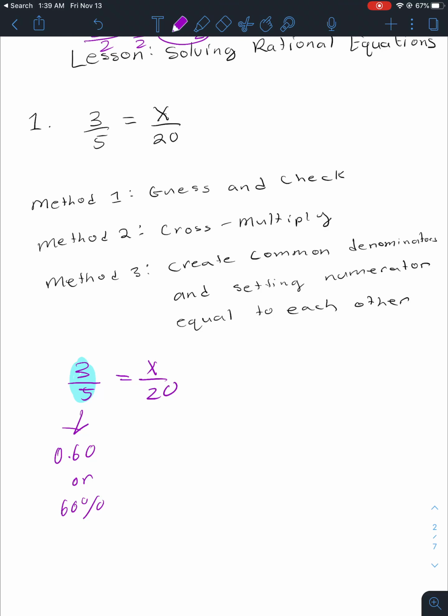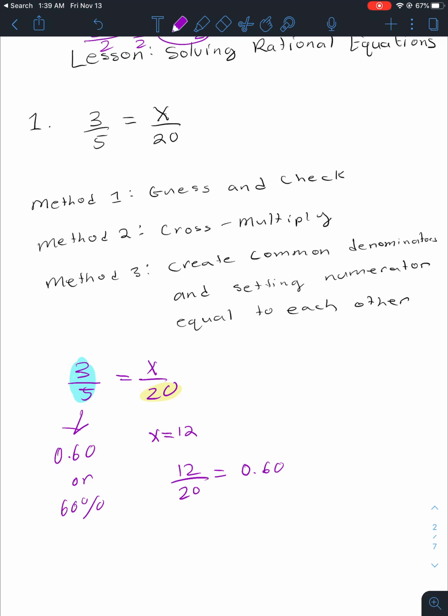So in my head, I can ask myself, if I had 20 problems on a test, how many do I need to get right to make a 60? And I could have guessed that x equals 12, because 12 over 20 equals 0.60.